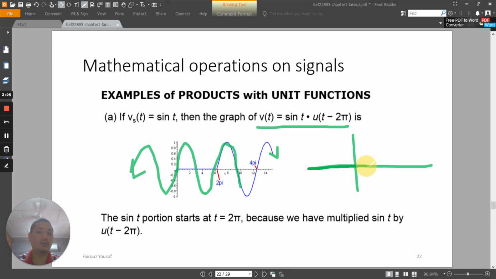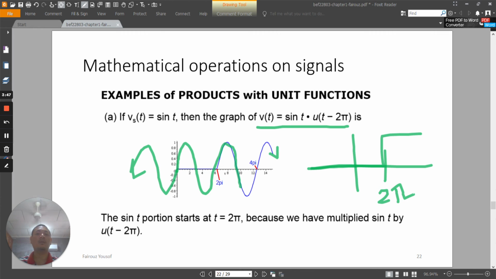This is our u(t), the unit step function. And the minus 2 pi is the shift. So minus 2 pi means a shift to positive 2 pi. So this is the 2 pi.